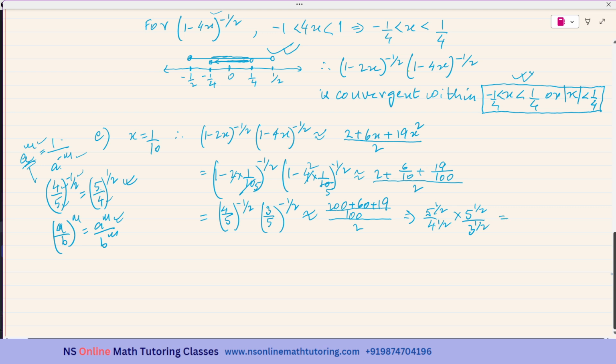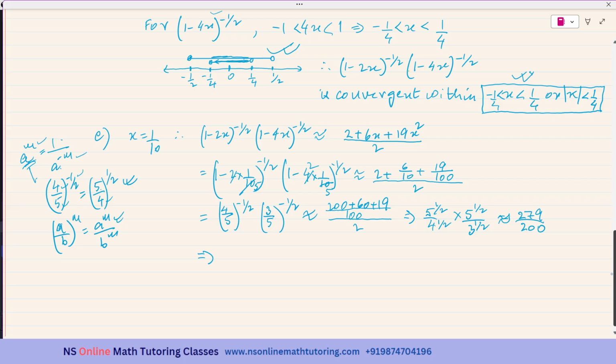Okay, so this is equal to: 260 plus 19 is 279. So this is 279 over 2 times 100, which is 200. And 5 to the power of half is root 5.